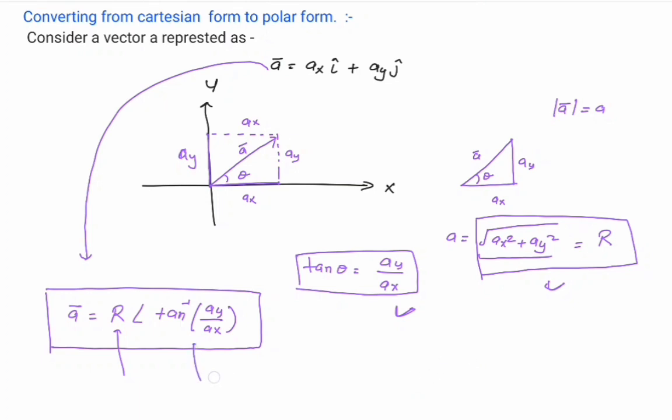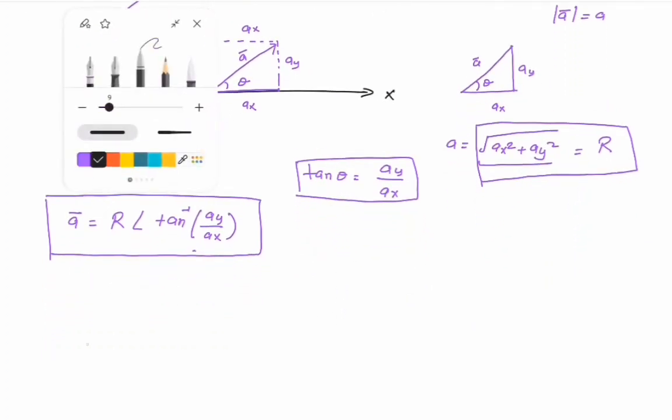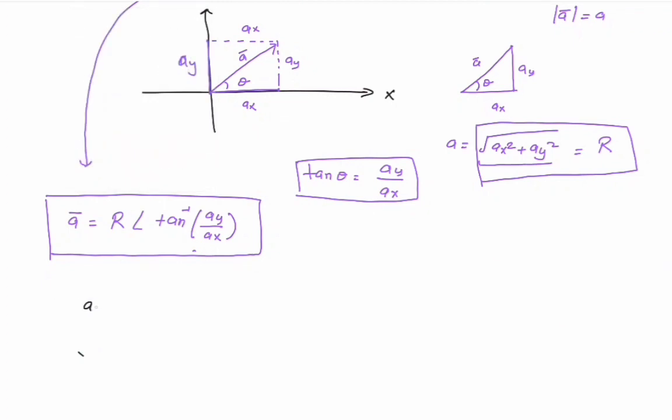Okay. A few points to remember when solving the numericals when you are converting from the Cartesian system to the polar form. These are the basic points you need to remember. When ax is given positive, then you are going to find the angle using this formula: theta is equal to tan inverse ay upon ax.